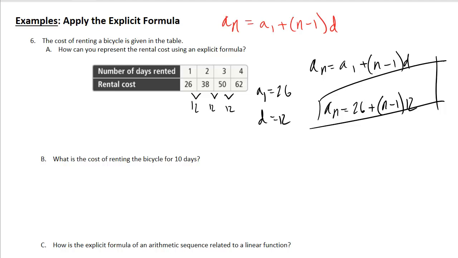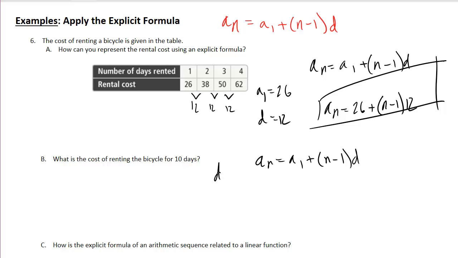So in this example, part B, the cost of renting a bicycle for 10 days, again, let's write our formula. A sub n is equal to the first term plus n minus 1 times d. And what do I know?